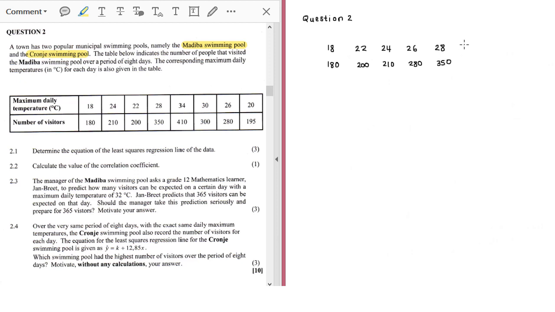Then we need to go to 30 degrees Celsius, which is 300 people. And I have just noticed now I've missed the 20 degrees Celsius. So let's just put it over here. 20 degrees Celsius is 195. And then 18 was 180. Okay, so let's see. We've got 18, 20, 22, 24, 26, 28, then we need 30, and lastly 34 degrees Celsius. We had 410 people.